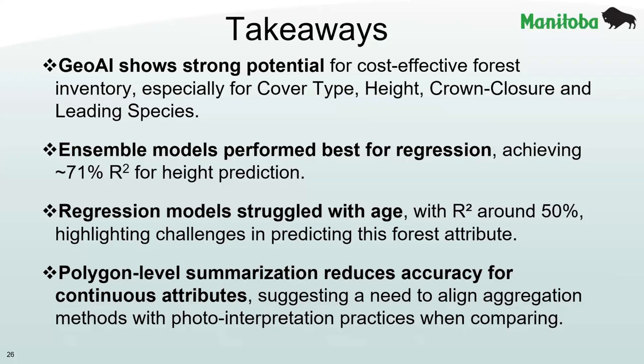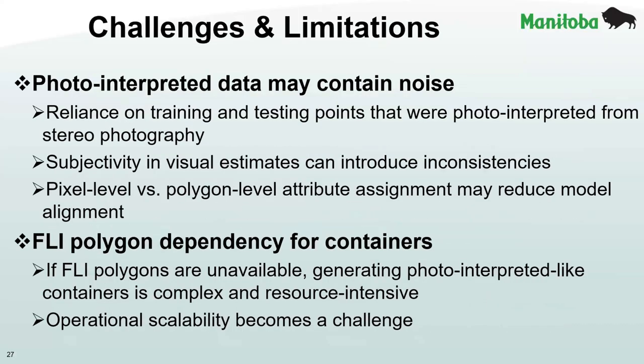Summarizing the prediction results from the pixel level to a polygon level reduced the continuous variable age and heights accuracy. Some challenges that we can note from this exercise: photo interpretation data can contain a certain amount of noise.